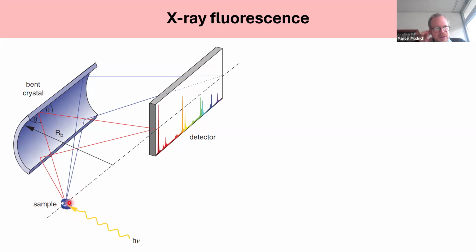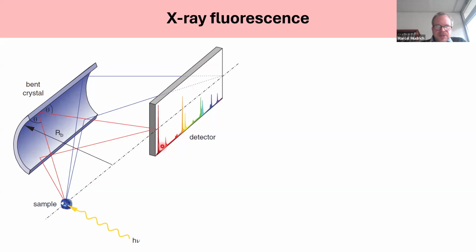Then the inner shell holes are filled by Auger processes, or the excited states are de-excited by fluorescence emission, by just an electron falling into the hole and emitting the binding energy in form of photons, which produces these characteristic X-ray fluorescence spectra.